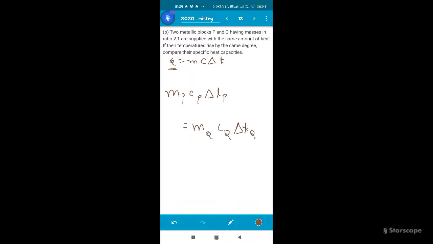So we have been told that their masses are in the ratio 2:1. So I can take the mass of P as 2x and the mass of Q as 1x. So 2x into cp, we have to compare the specific heat capacity, so I am going to keep it as it is, and their rise in temperature is the same, see. So I can just directly cancel it out, it is the same.